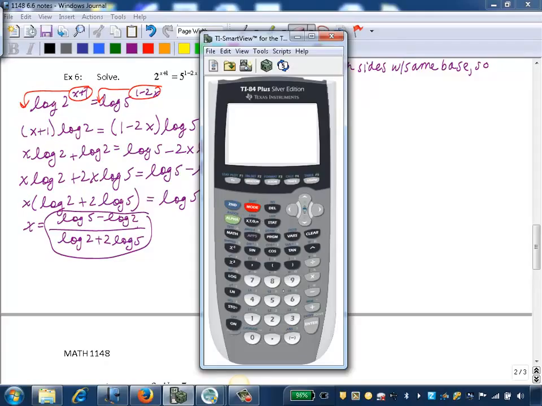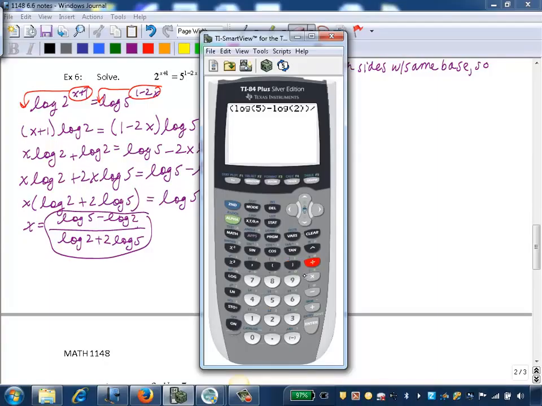So when we enter here, we're going to start with parentheses to enclose the log 5 minus log 2. So we want log 5. Now these parentheses, that's just around the 5. Now we'll subtract the log 2. Close those little parentheses. Now I close the parentheses around the entire numerator.